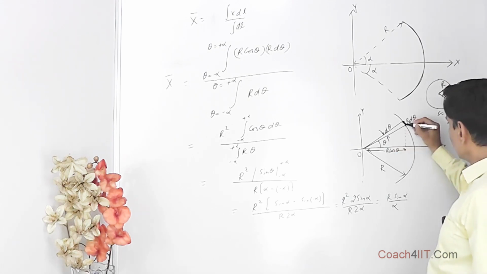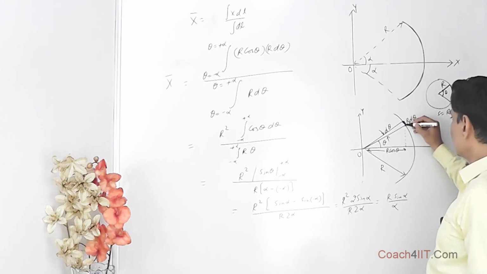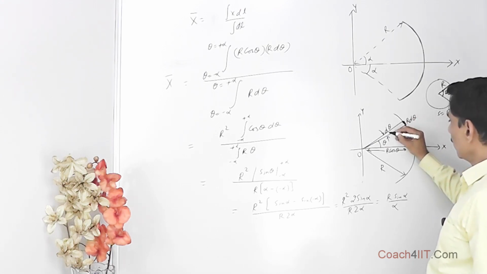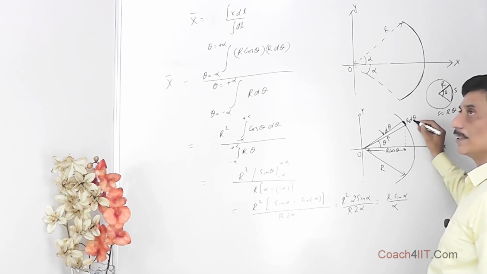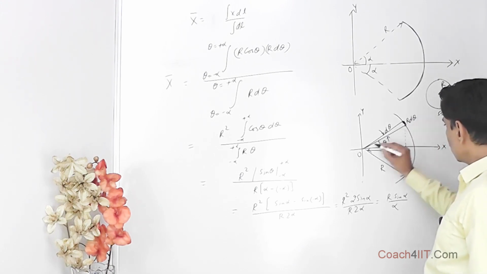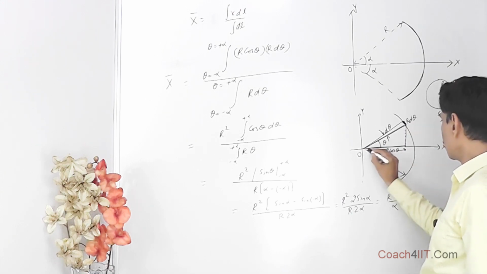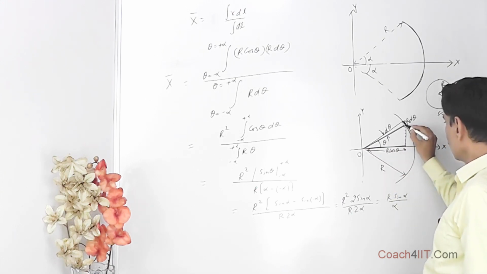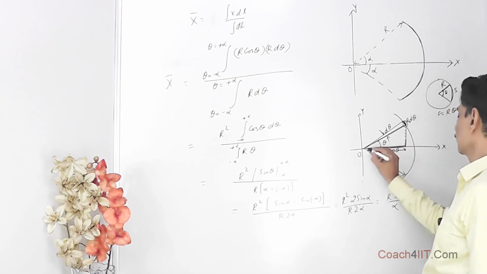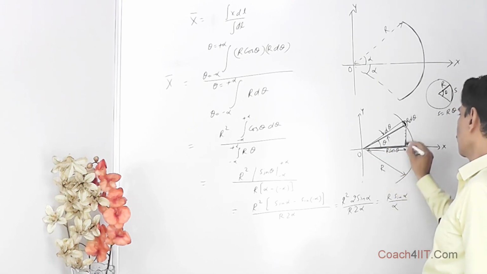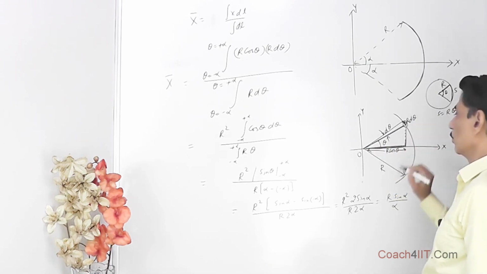So the length of this very small section becomes r d theta. Now this is r, this angle is theta, so the distance from here to here of this element comes out to be r cos theta.